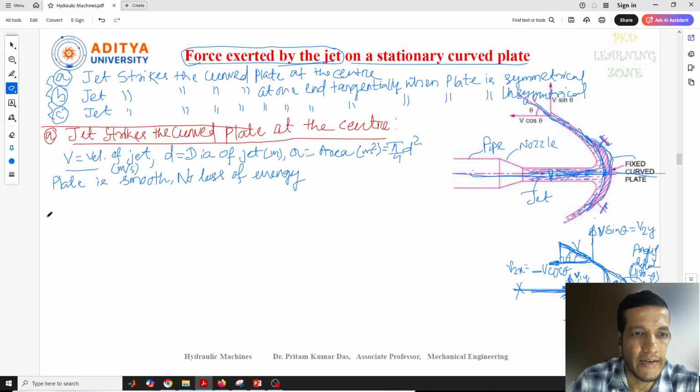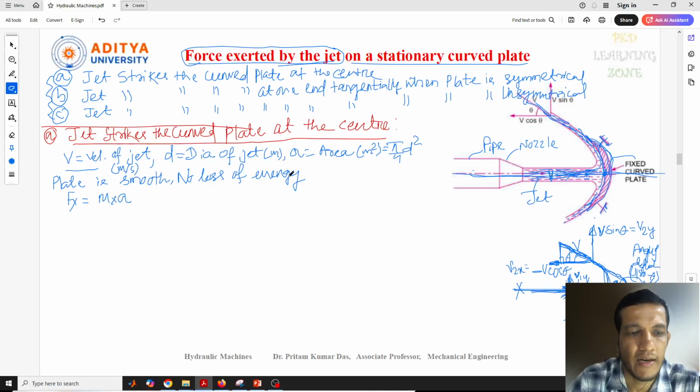We can identify this from Newton's second law of motion. We know that Fx is equal to the rate of change of momentum in the direction of x, or in other terms, mass into acceleration.